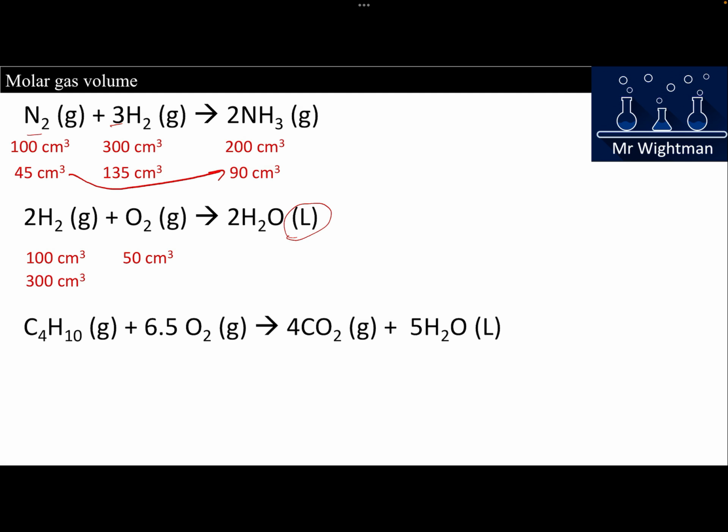If I had 300 centimetres cubed of hydrogen, that would occupy 150 centimetres cubed of oxygen. 100 centimetres cubed of C4H10 or butane would react with 650 centimetres cubed of oxygen to produce 400 centimetres cubed of CO2. And likewise, 60 would react with 390 to produce 240.